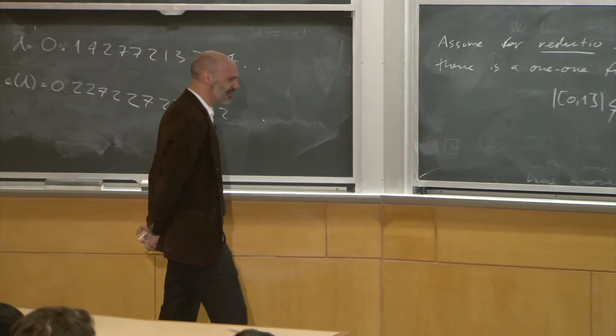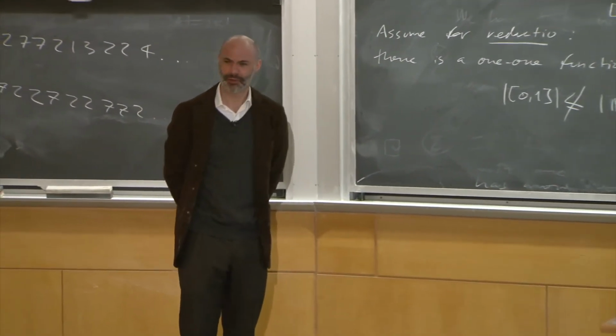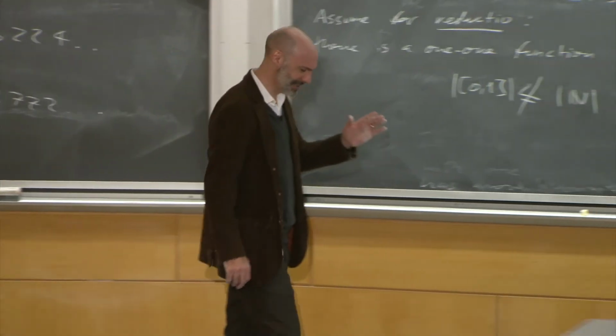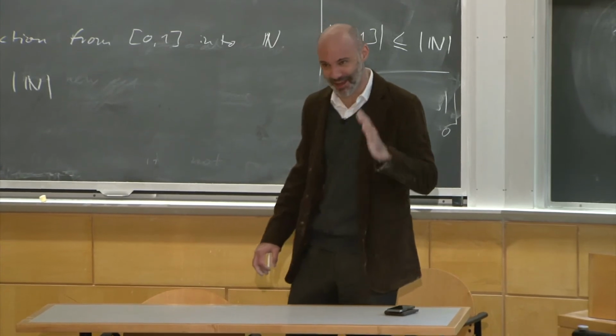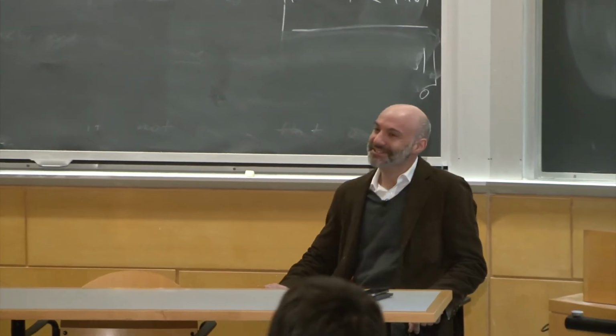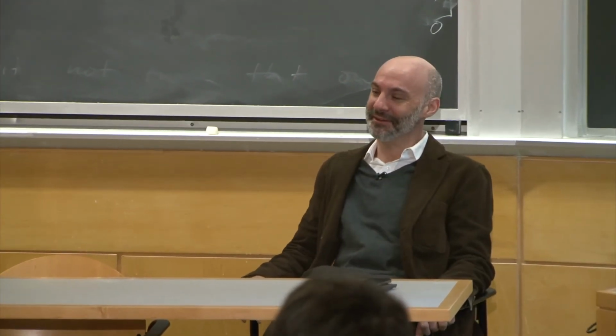Most people see this proof the first time and don't understand it. So what I'm going to do is I'm going to sit down and make sure that people don't have questions, because I bet some people do have questions. So possible questions are, I don't understand proof by reductio.